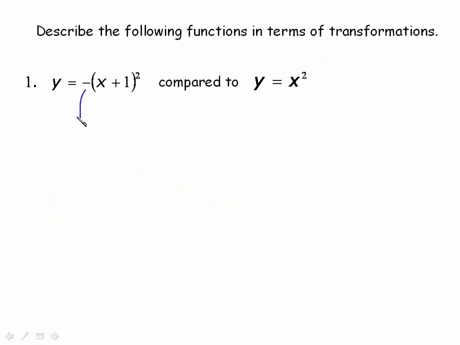Now, the negative indicates a reflection in the x-axis. And then the plus 1 indicates a horizontal translation of 1 unit left. So I'm just going to write it like that. Nice and simple notation.